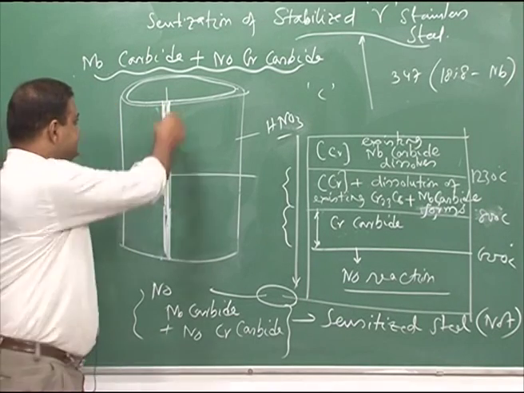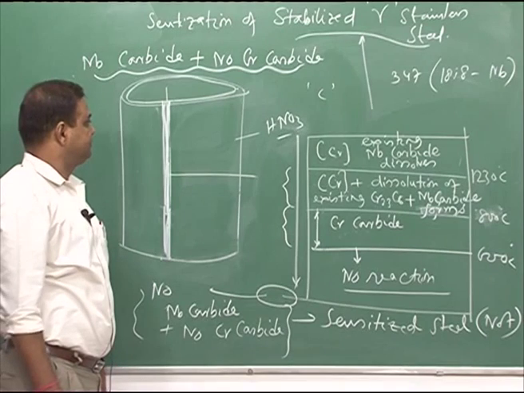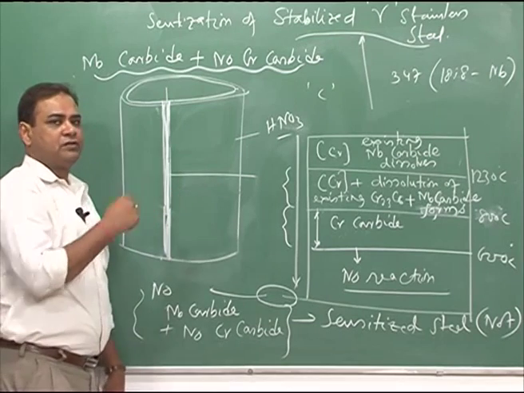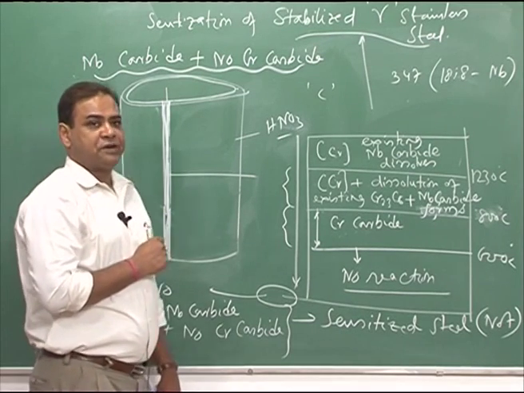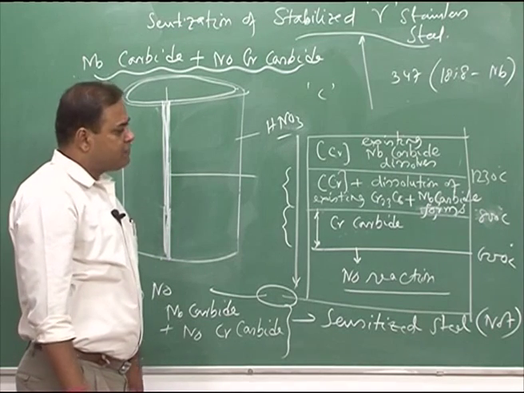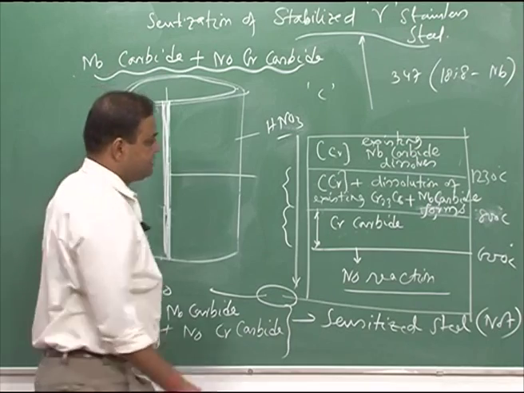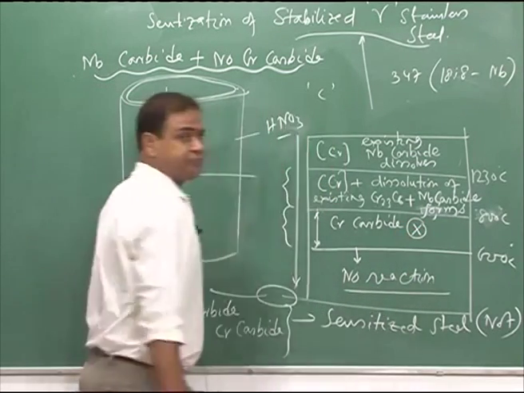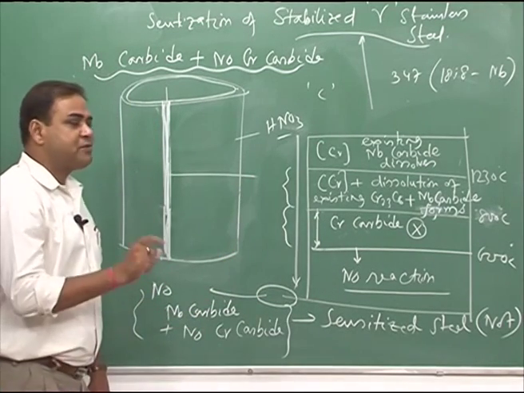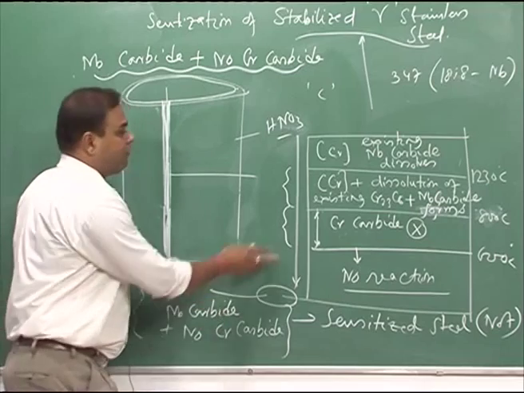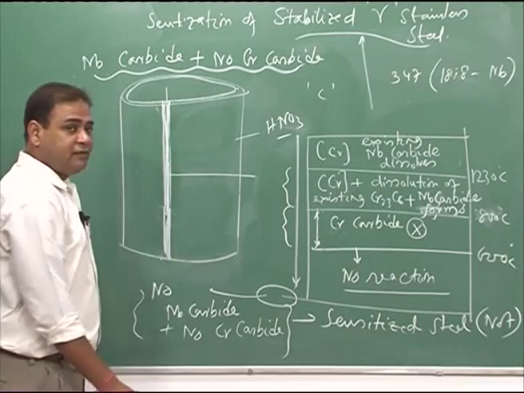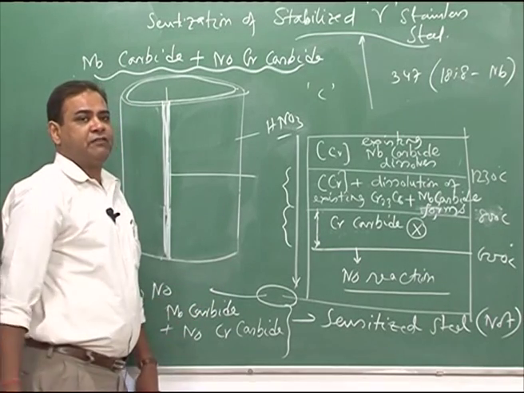Now, since this is a thin sheet metal, after welding we always go for a stress relieving operation, because there will be a quenched-in stress. So, if we go for stress relieving operation in this temperature zone, we see that even if niobium is present, niobium carbide cannot form in this zone, but chromium carbide can form.